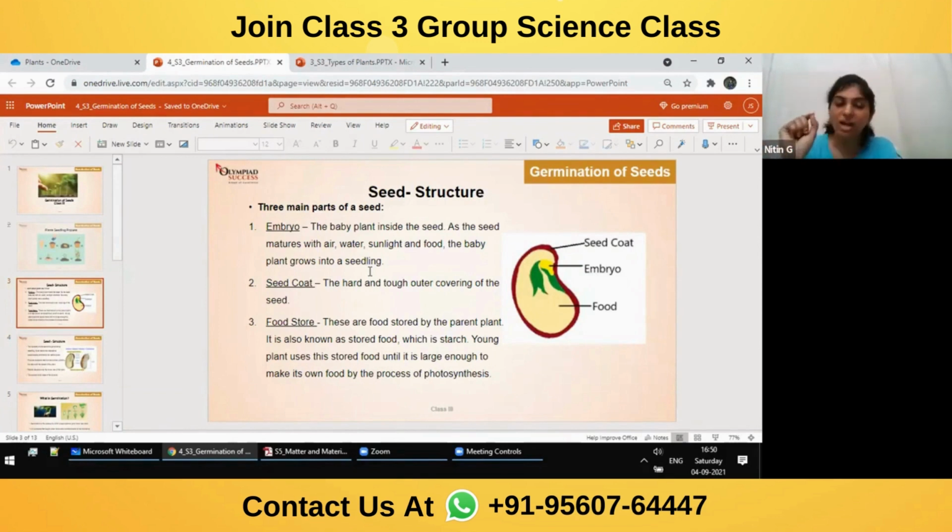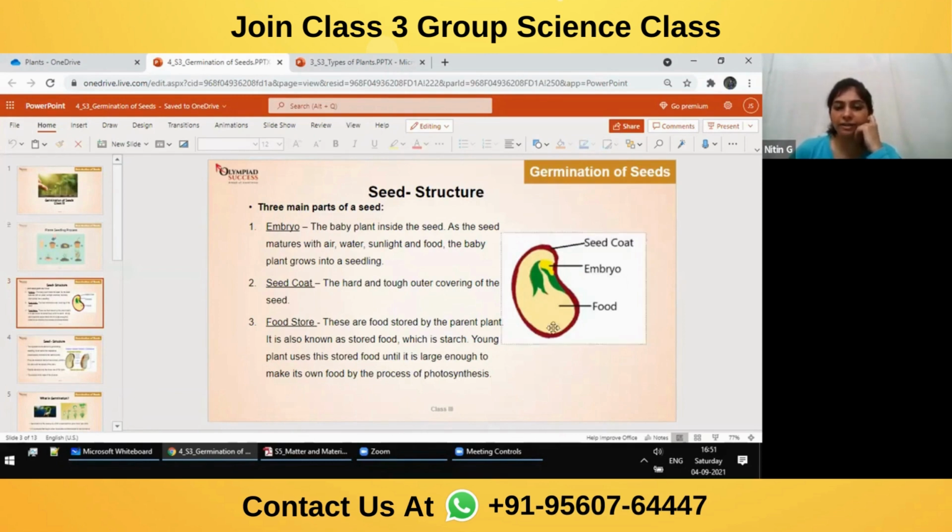I repeat again, when there are seeds, the seeds always use oxygen and water because they can't do photosynthesis. When a small plant has grown, the leaves are there and they start to photosynthesize, then they take in carbon dioxide and give out oxygen. Is this little twist clear to everyone? Because this question can come and it can confuse, since seeds don't take in carbon dioxide.